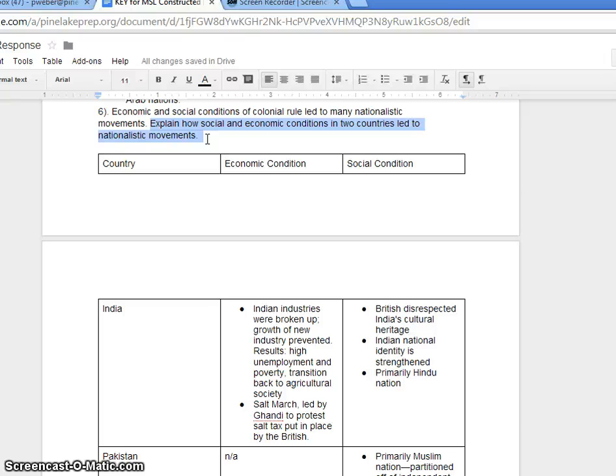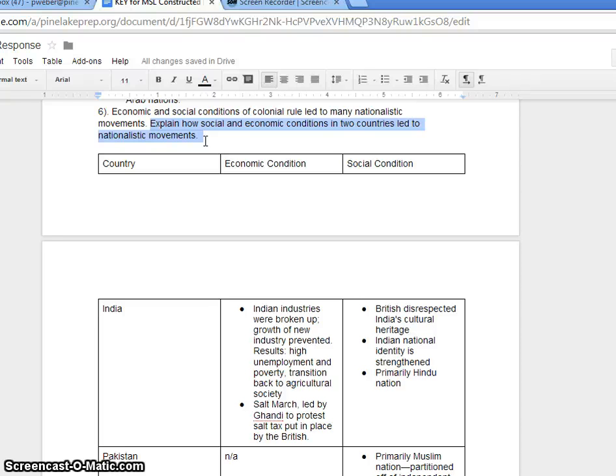So what this is saying is, how did it cause countries to have an increase in nationalism, pride, love in their country? And in some of these cases that we'll see in a moment, cause them to rebel against their colonial ruler.